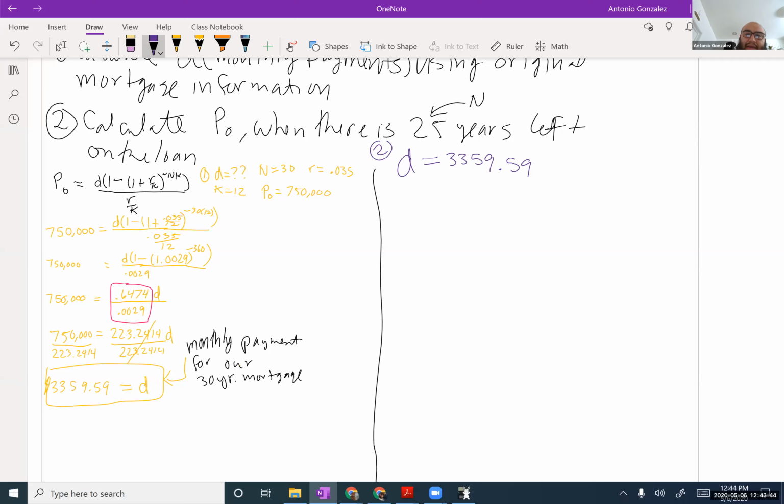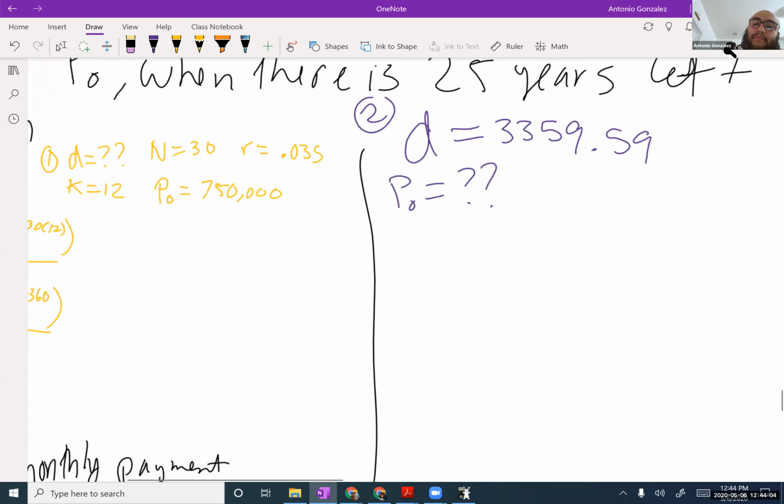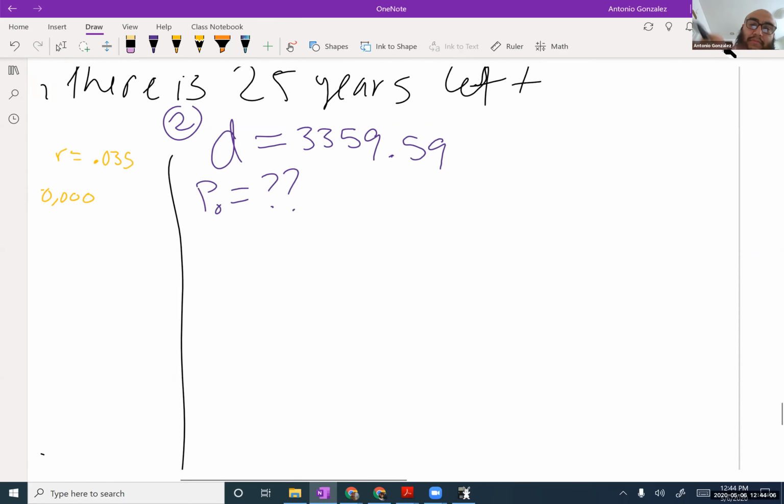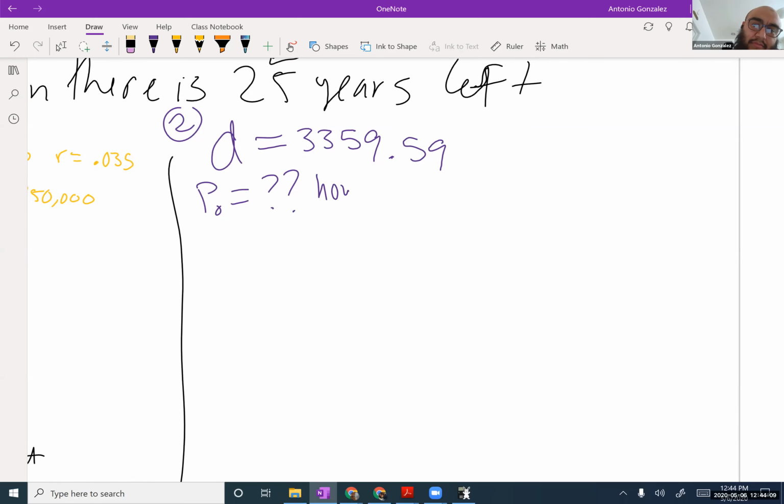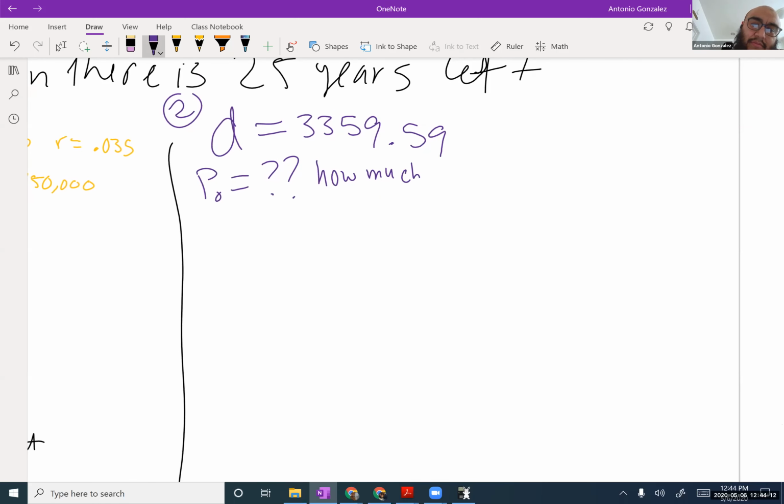So after 5 years, I'm going to do this recalculation where I'm going to find P0, and that P0 represents how much is left on my loan. How much is left on my mortgage.